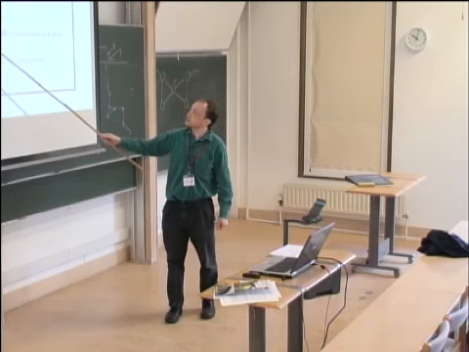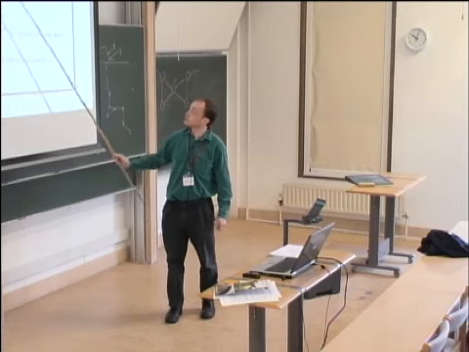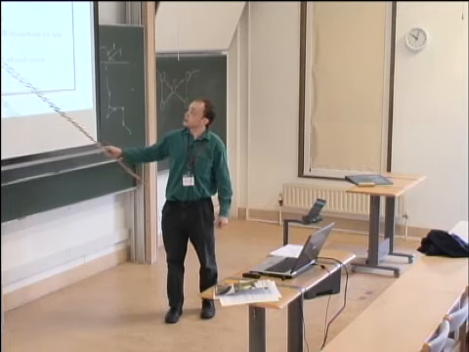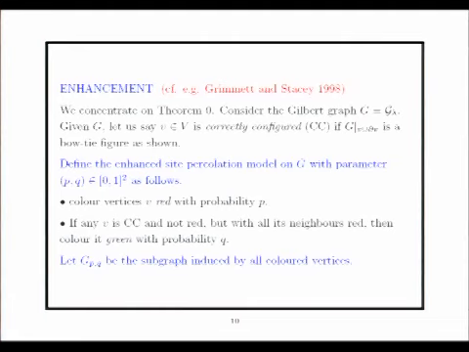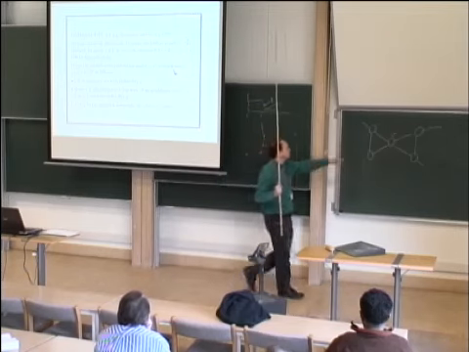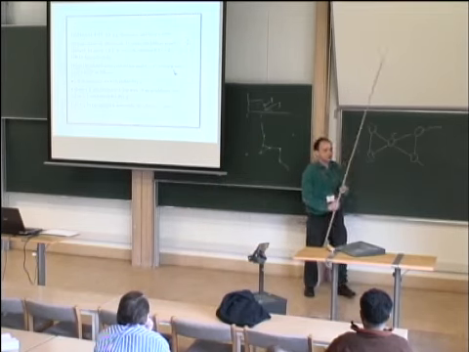So then the enhanced site percolation model we're going to talk about is going to be, the original site percolation is just going to be what I'm calling red vertices. So I'm going to colour vertices red with probability p, and then we're going to enhance a vertex if it's in this correct configuration and all its neighbours are red, but it is not.